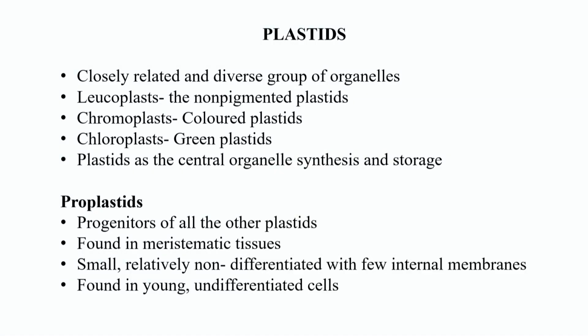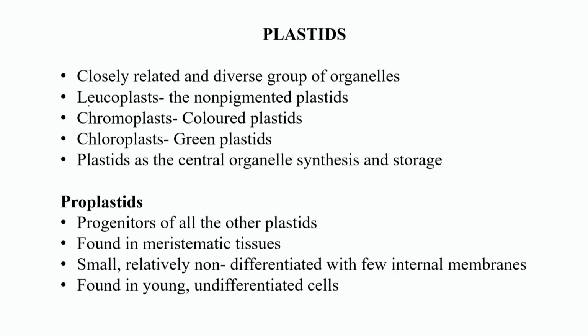Plastids are a closely related but diverse group of organelles which are particularly found in plant cells. These plastids serve various functions, and we will discuss the different types. Basically, we have classified plastids based on their colors.